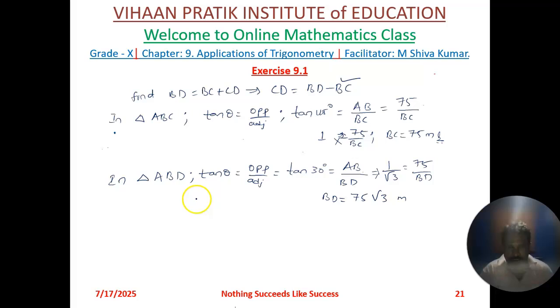What we need to find out is CD. Now we got BD, we got BC. Therefore, the distance between two ships 1 and 2 is CD, which equals BD minus BC.